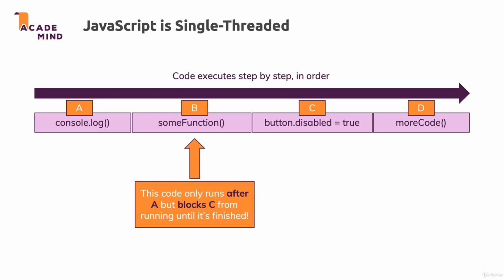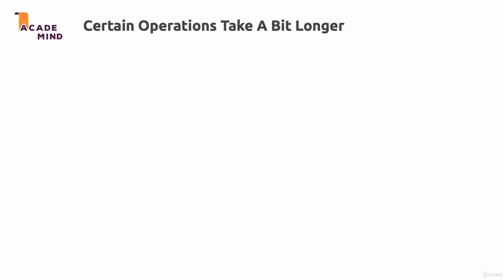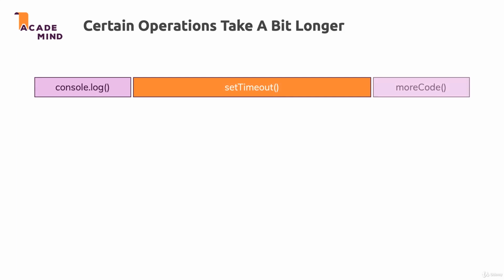But the concept I explained in the last lecture can have a downside. What if we have certain operations that take a bit longer and that expectedly take a bit longer? Let's say we have this code here. We have a console log statement, but then we set a timeout and then we execute more code. Now the problem is set timeout might take 2 seconds, 5 seconds, 10 seconds, or maybe just 100 milliseconds.